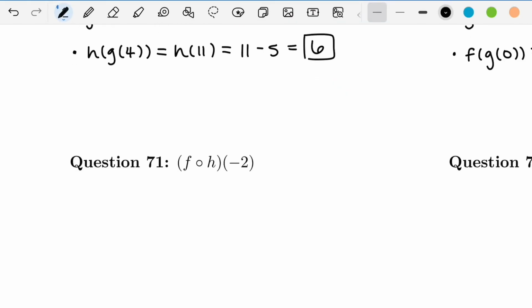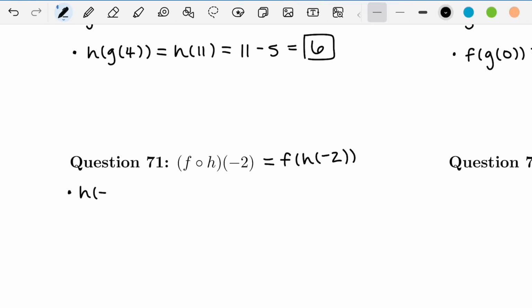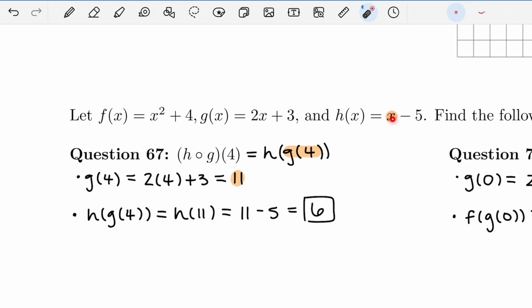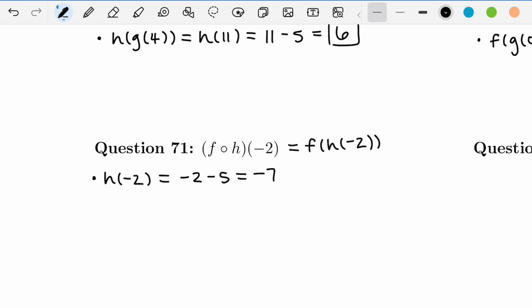All right, so for this next example, we're evaluating f of h of negative 2. So again, we're just going to use this notation here. We're going to evaluate h at negative 2 and then plug that value into our function f. So the first thing, we're going to evaluate h of negative 2. Just plug in negative 2 into this x here. So this will be negative 2 minus 5, which gives us negative 7.